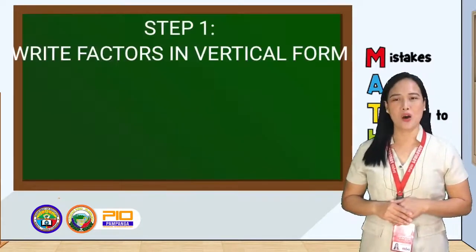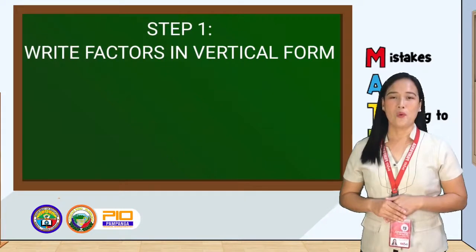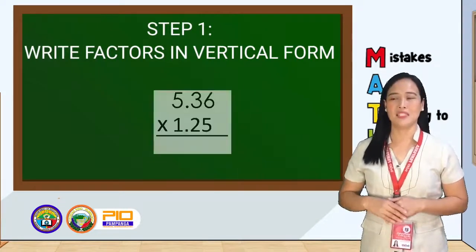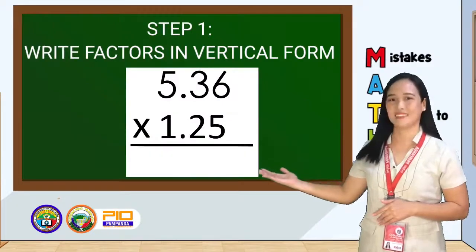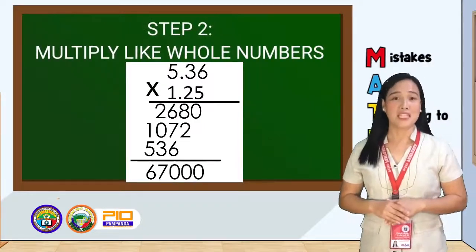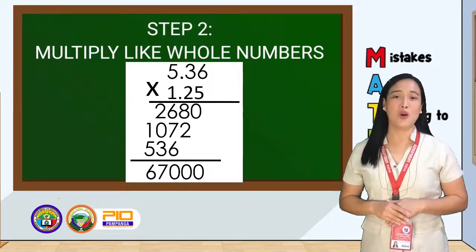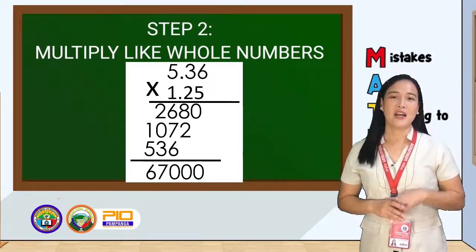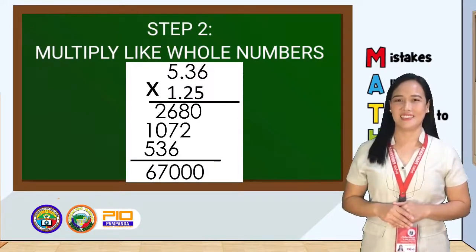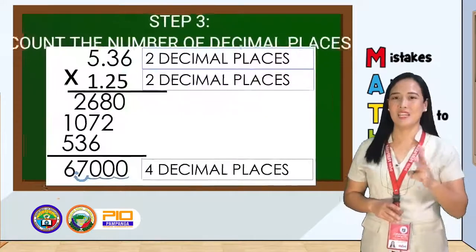Let's have step 1. Write the factors in vertical form. Just like this. Step 2. Multiply as if you were multiplying whole numbers. Remember the steps in multiplying whole numbers. Step 3.